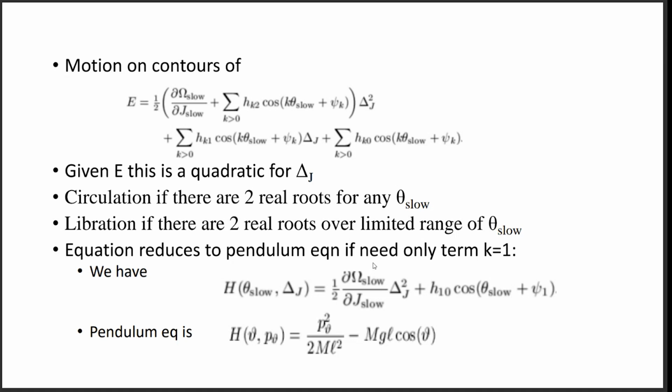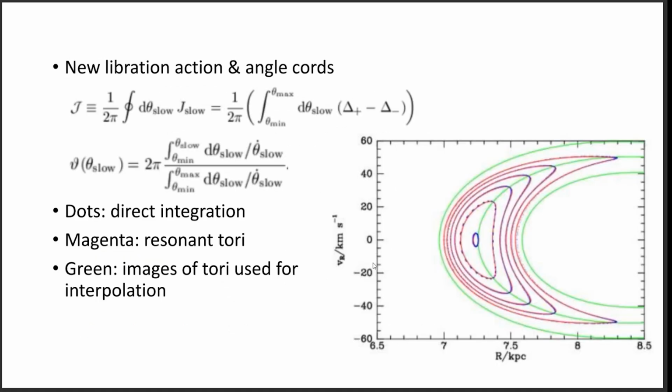And the Hamiltonian of a pendulum is this, right? Here's the kinetic energy, and here is the potential energy, which when we do simple harmonic motion, we approximate this cosine by a constant minus a half theta squared. So we have a pendulum Hamiltonian.